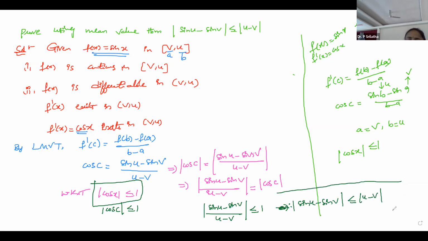Hence proved. This step plays a vital role in this problem, so remember it. The formula is modulus of cos x is always less than or equal to 1. Don't forget this condition.